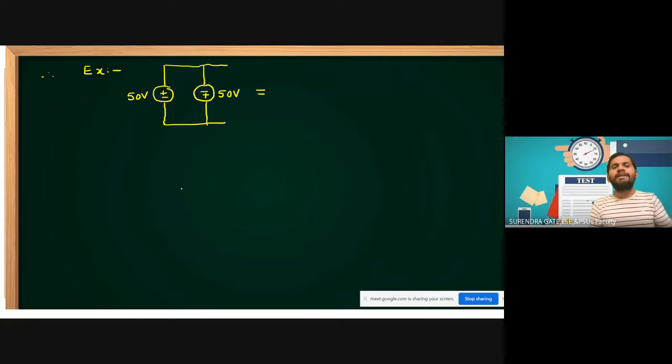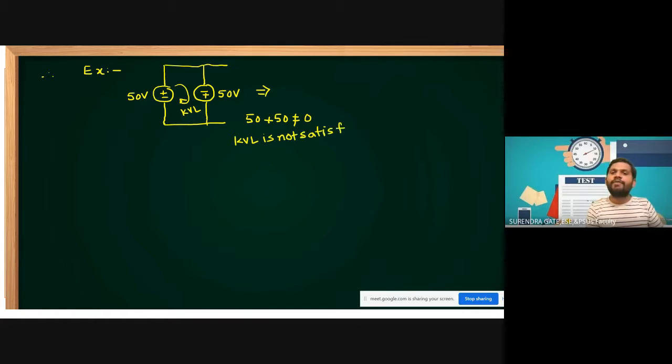Is the physical connection possible? If you apply KVL here, it is not satisfying the KVL. This is plus 50, this also plus 50. Plus 50 plus 50 is not equal to 0. KVL is not satisfied. When the KVL is not satisfied, physical connection is not possible. This type of connection is not possible.